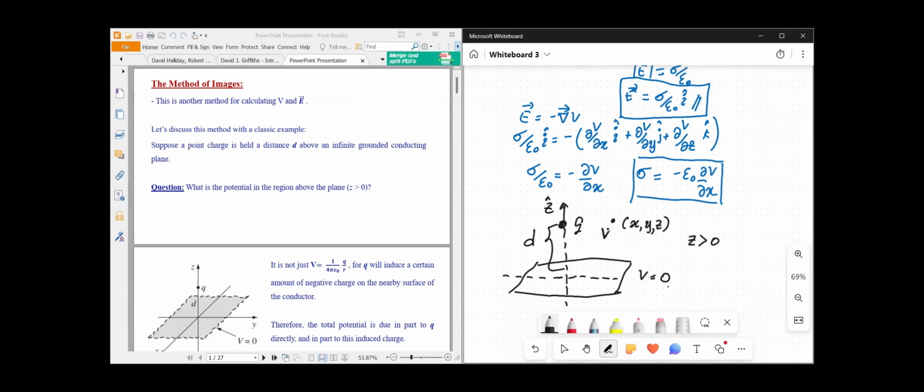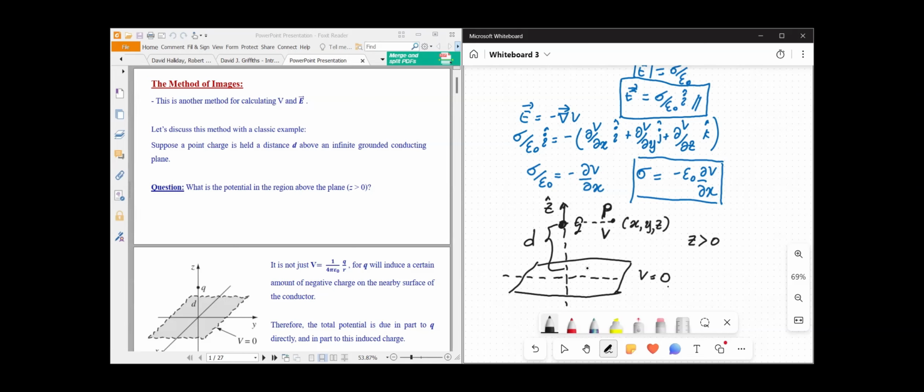Now, how can we calculate the potential at this point? Let's say this point is P. At this point P, what is the potential? So here I have a point charge, and at this point we need to calculate the potential. Can we just consider the separation from this point to this point and then calculate the potential?